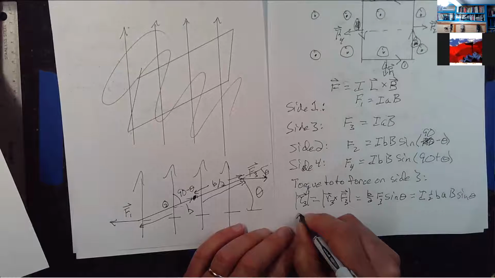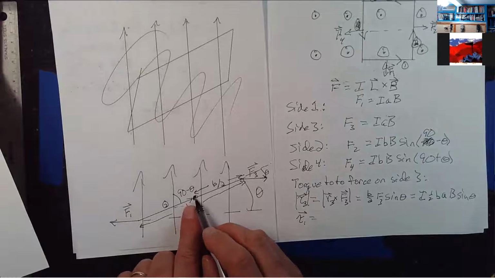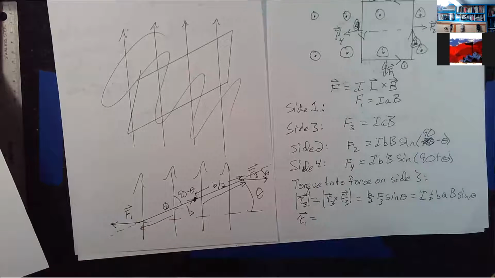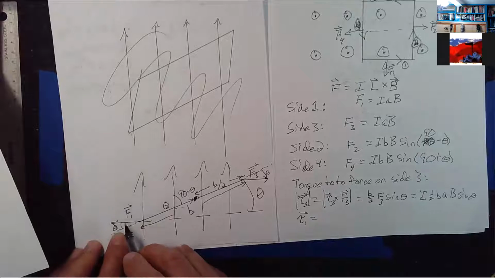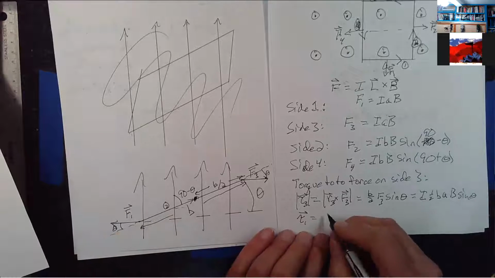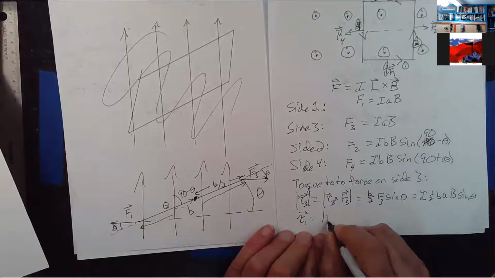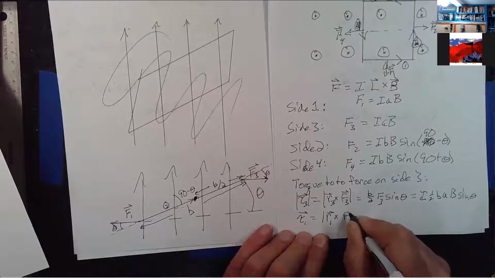All right, well, what about the torque due to side 1? Tau 1, I could call it. That'll be an R vector that goes from here down to here. It'll have the same angle theta between the R and the F1 vector again. So I'll have the magnitude of an R1 cross F1.